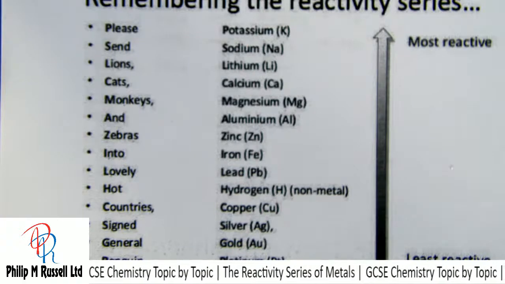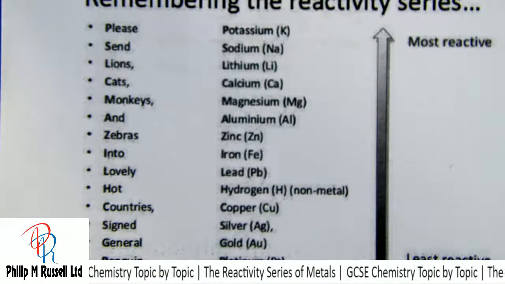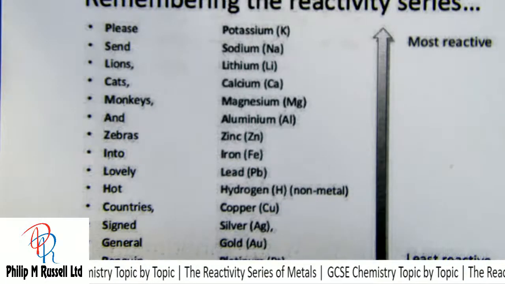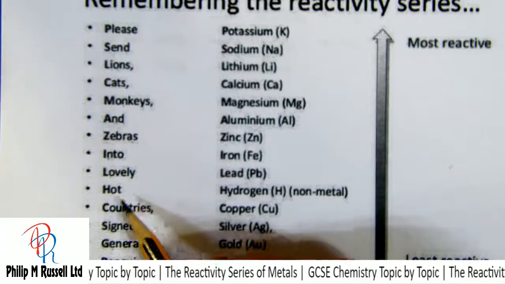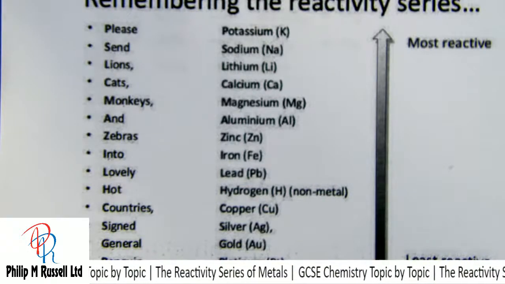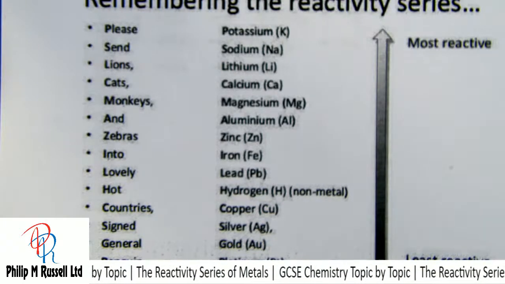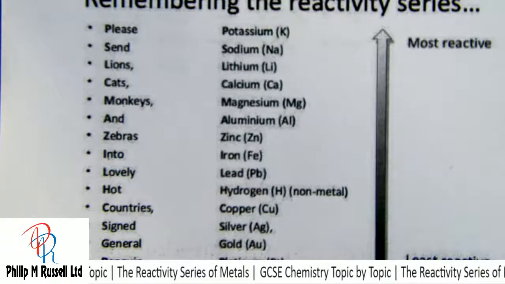May be useful to you. There are other ones, but there's an awkward non-metal that goes in here as well. We've got the hydrogen down here, but there is another one that causes a lot of problems, and we have to remember this one, and that is carbon.